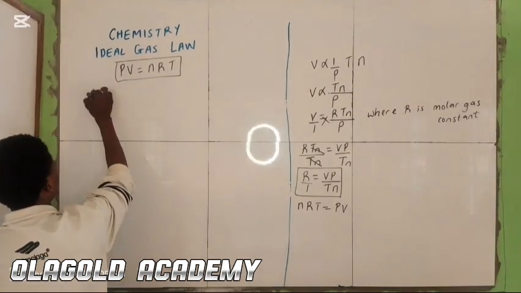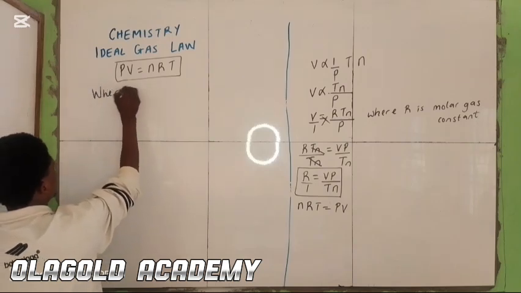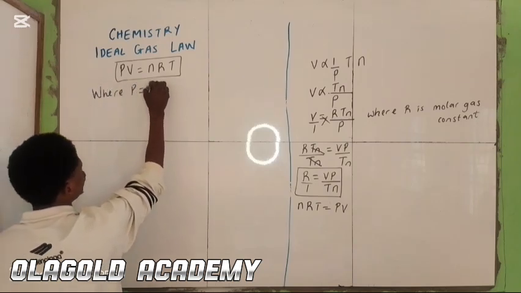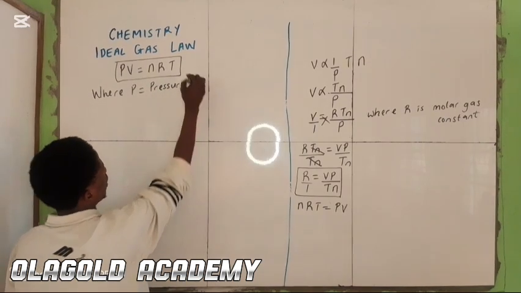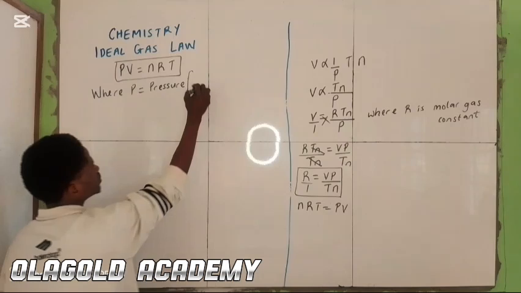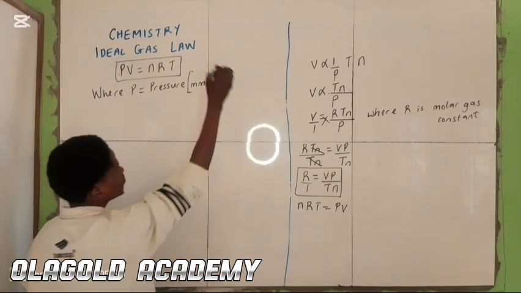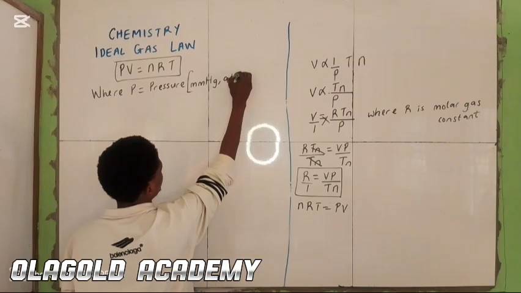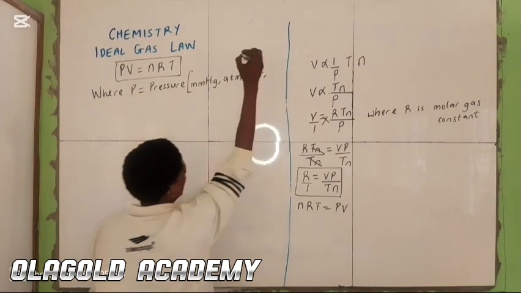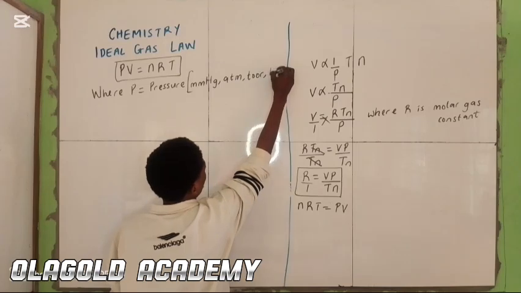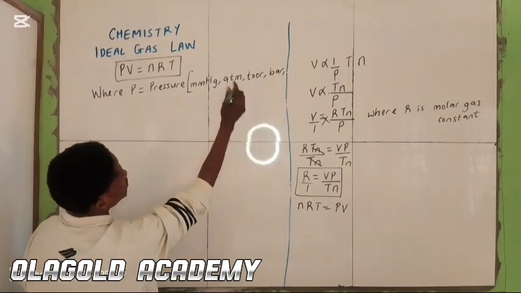we describe P. P is pressure, and pressure can be measured in millimeter mercury, in atmosphere, in torr, in bar, in Pascal.